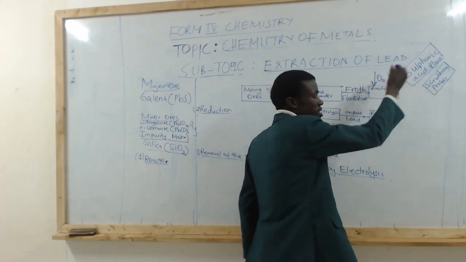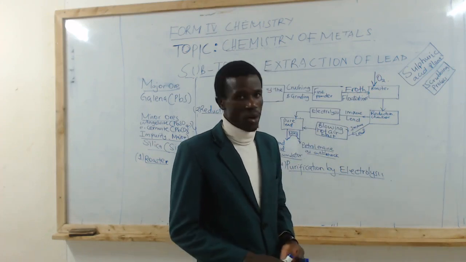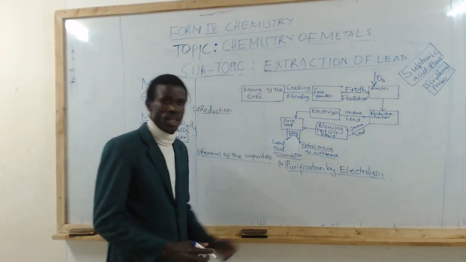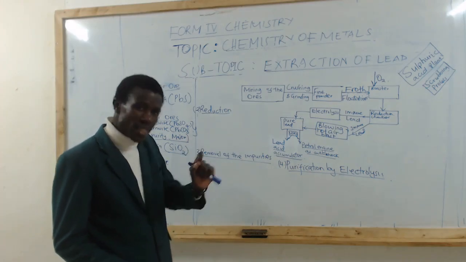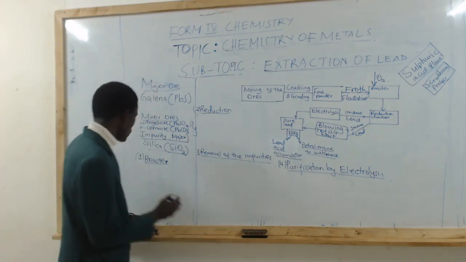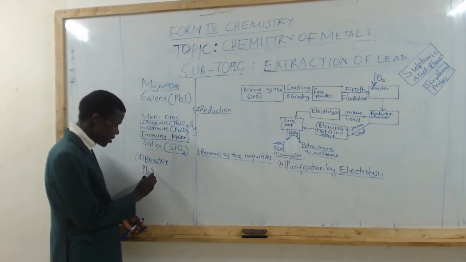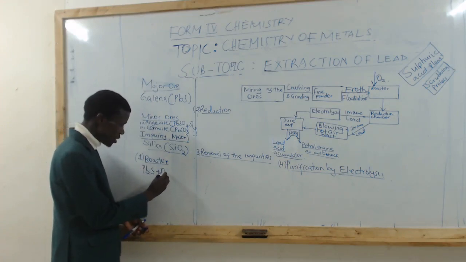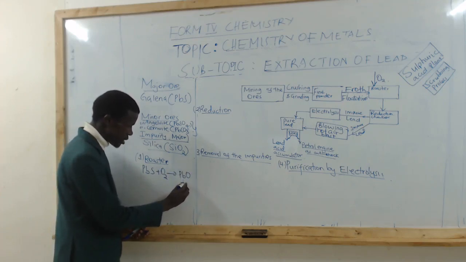And remember, the active part of air which would react with the ore is known as oxygen. Now, in the roaster, the ore is roasted or reacted with oxygen. For example, lead sulfide is reacted to form lead oxide and sulfur IV oxide.